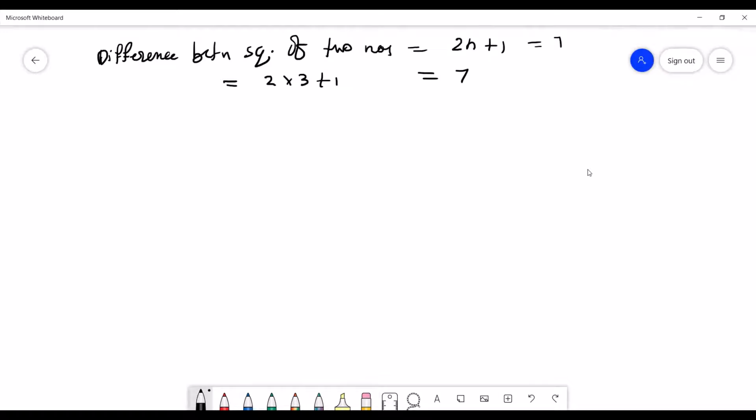Now square of any odd number we will find out. So numbers between squares we have found, and the difference between the two squares also we have found. Now square of any odd number we will see.